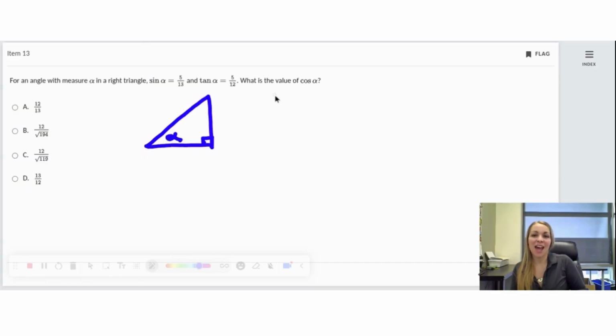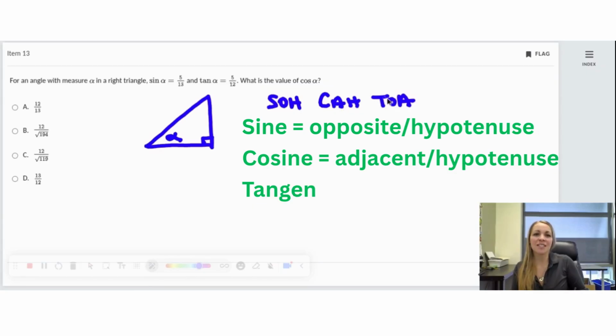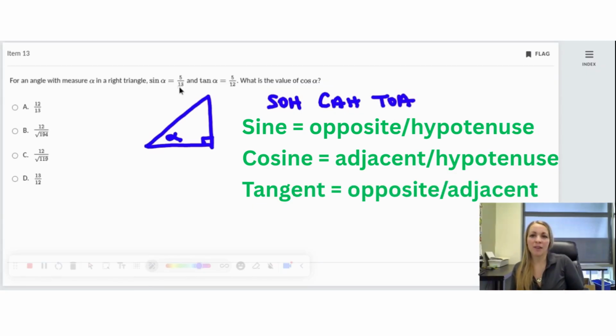I like to use the acronym SOHCAHTOA to help me with my trig ratios. This means that the sine is opposite over the hypotenuse, cosine is adjacent over hypotenuse, and tangent is opposite over adjacent.